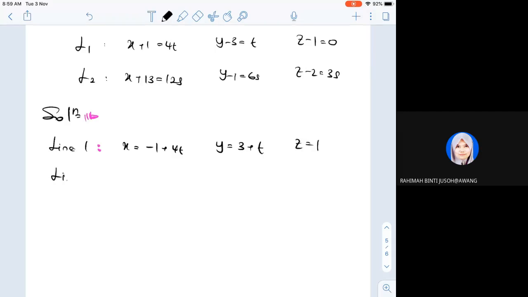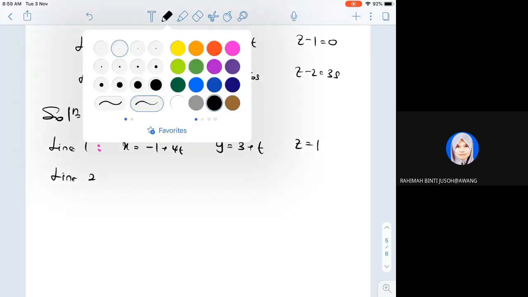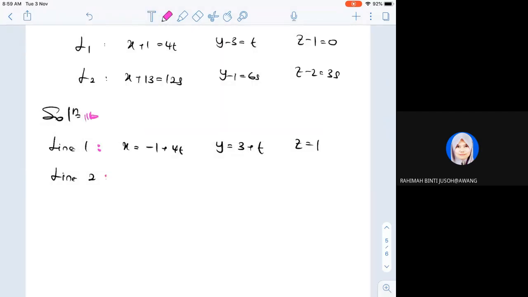Line 2, let us rewrite this again. So x equals -13 plus 12s, y equals 1 plus 6s, z equals 2 plus 3s.